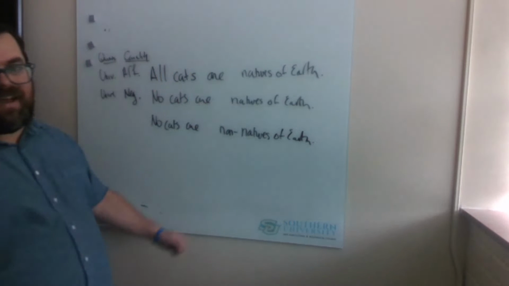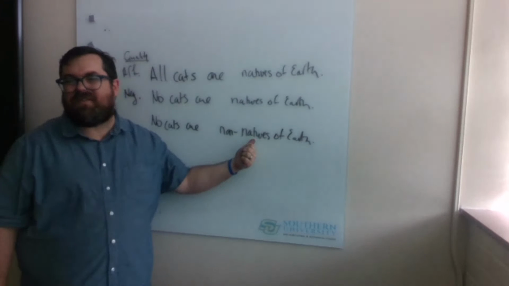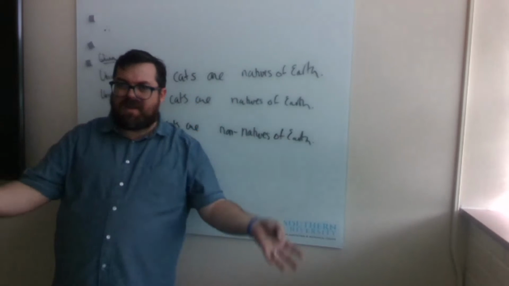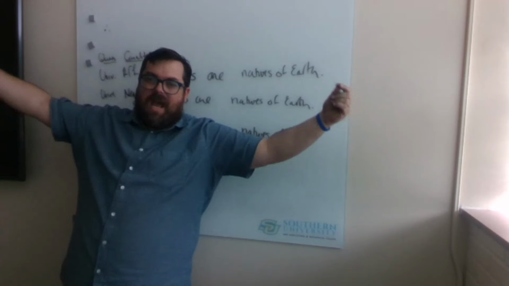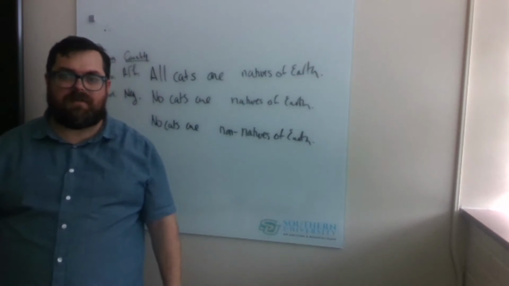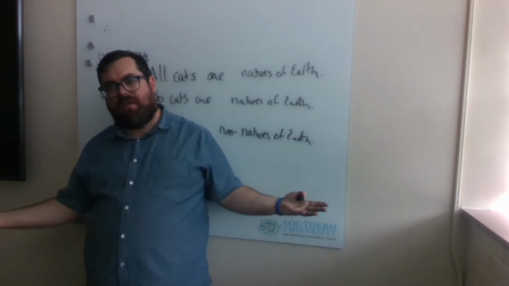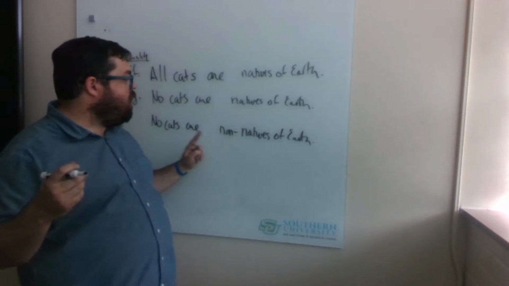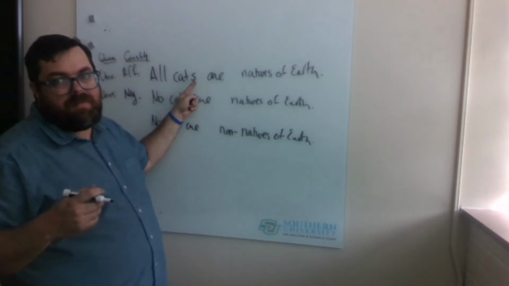I know it's really hard to imagine, but there is no cat that's a non-native of Earth, as far as we know. It's possible there could be cats on other planets, given how big the universe is and how I'm just a speck of sand in an infinite sea of ever-expanding space. But for right now, all cats are native to Earth. So if you say there are no cats that are non-natives of Earth, that makes sense in relationship to this one.